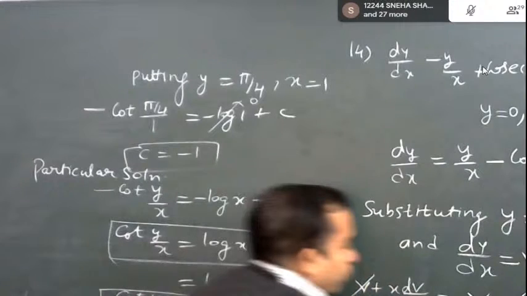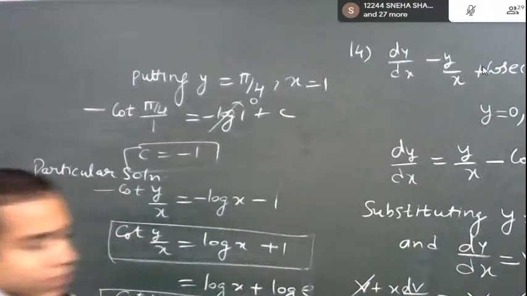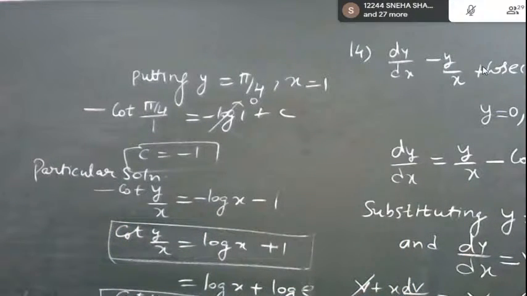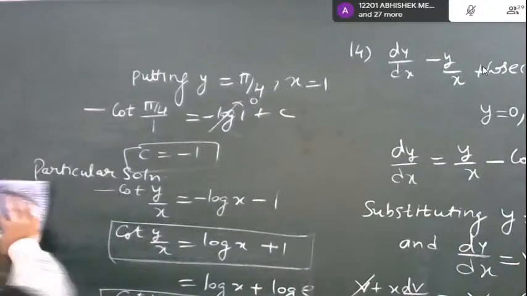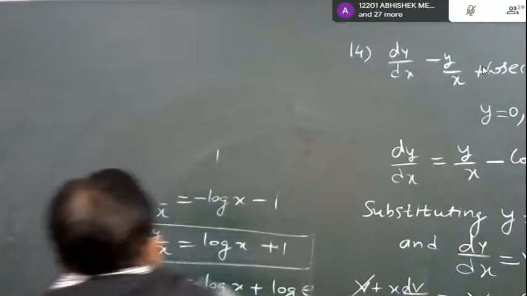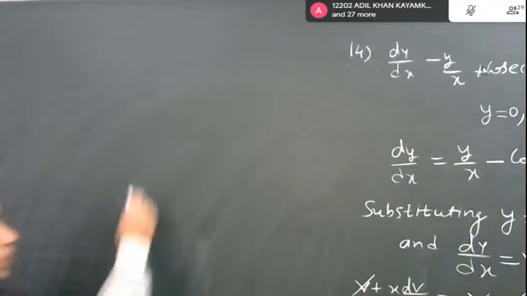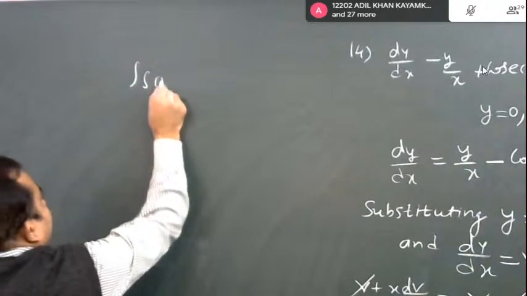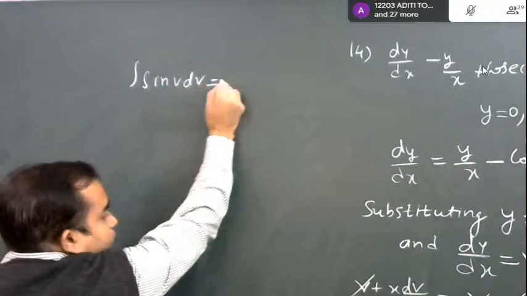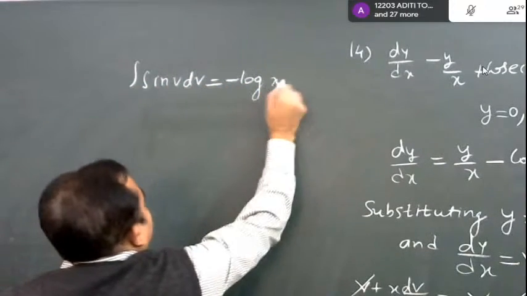Attach the integral sign on both sides and integrate. Cosec v we will take in the numerator, and it will become sin v. This will become integral of sin v dv equals minus log x plus c.